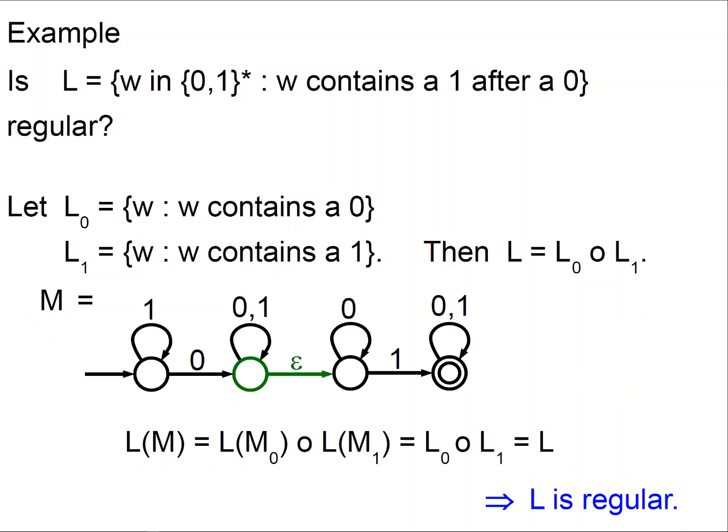The first thing is M0. This accept state is not accept anymore, but it has an epsilon transition to the start state of M1. And this implies that L is regular.